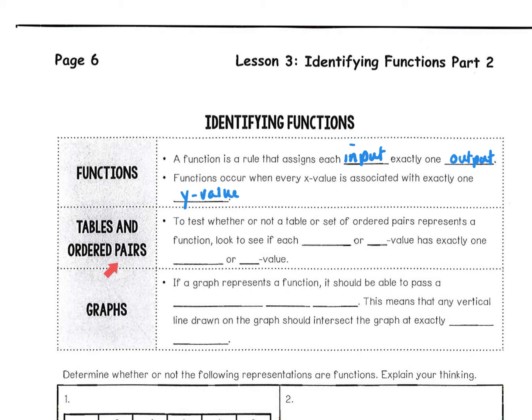When we deal with tables and ordered pairs, this is how we identify whether it's a function. To test whether or not a table or a set of ordered pairs represents a function, look to see if each input or x value has exactly one output or y value.